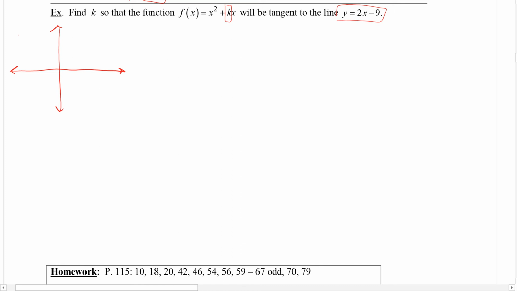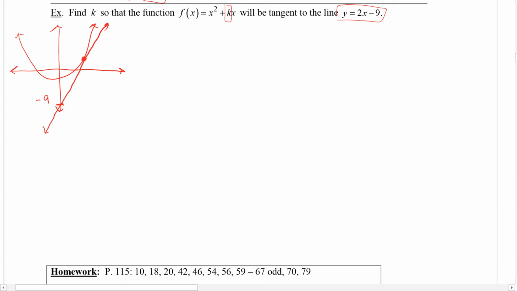Okay, so I'm going to say this is the parabola. I have no idea how the parabola looks. I may be totally off, but all I know is that I have a line that intersects at -9 and it crosses the curve at one point right here.